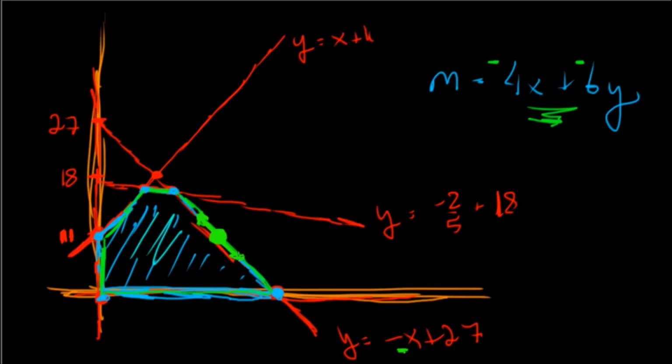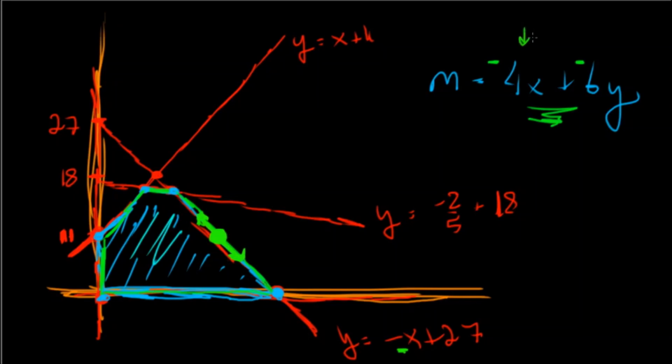If I move down this line, my x is getting bigger, my y is getting smaller, but how are they changing? As I go down, the x is increasing the same amount as the y is decreasing.